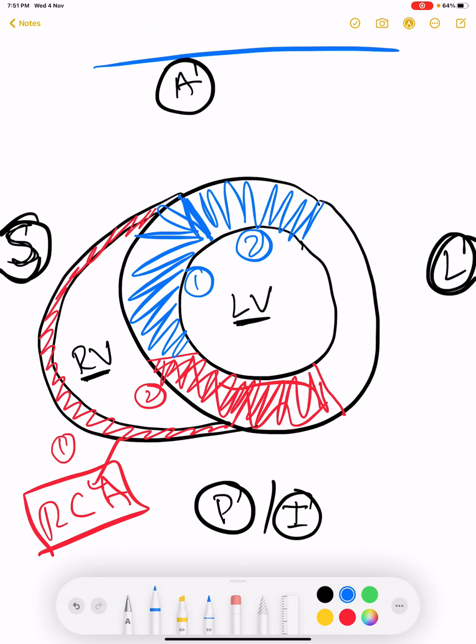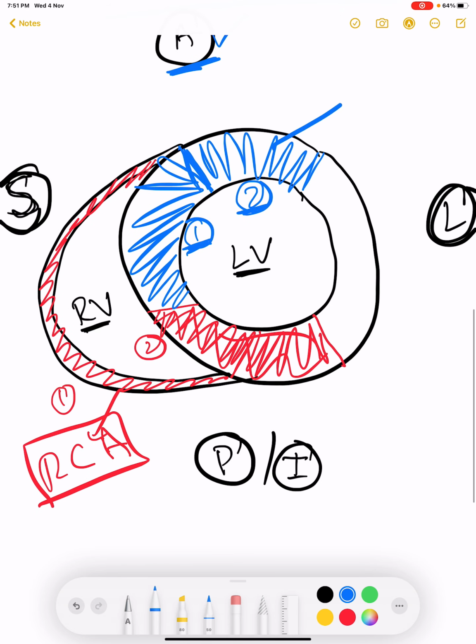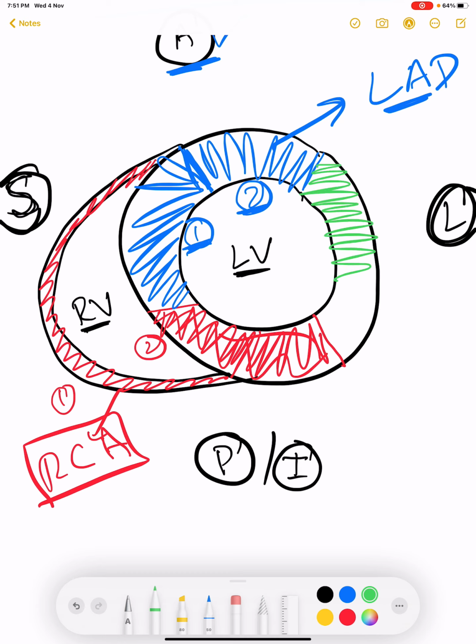So the left anterior descending supplies the anterior 2/3 of the septum and the anterior wall. This blue color is left anterior descending. Let's take green color for this portion, and we have only one portion left, the lateral border of the heart, and that will be supplied by the left circumflex artery.